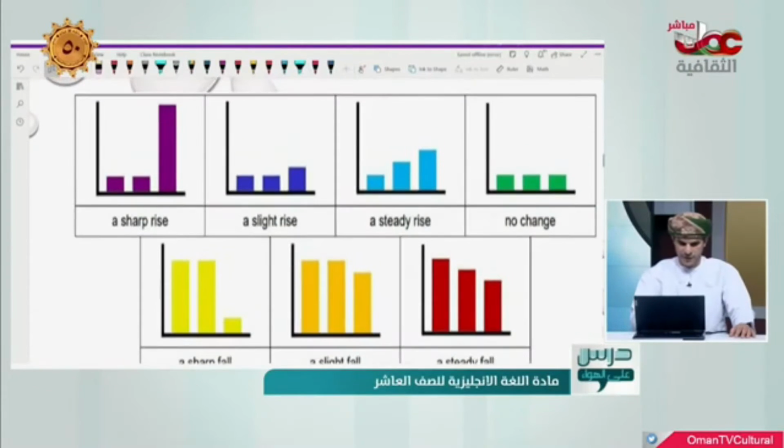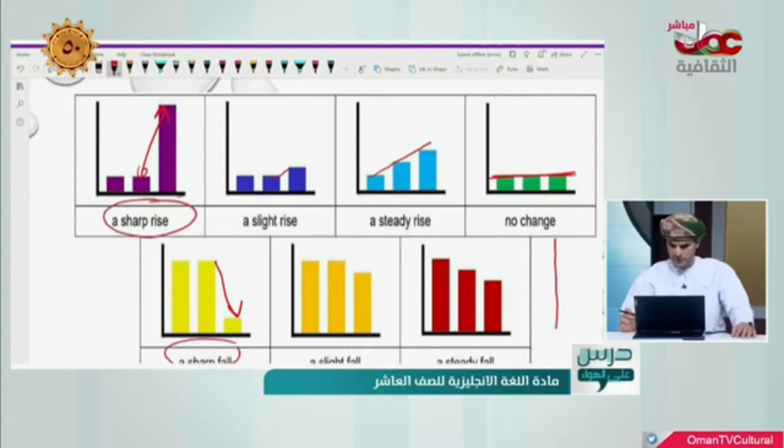This is a sharp rise because it's rising quickly, and this is a slight rise, just a little rise, not that much. Steady rise, very steady, no change, nothing changed here in all the years. And here sharp fall, look, falling sharp, the opposite of sharp rise. Here slight fall, little fall, like slight rise here, and here slight fall, steady fall.